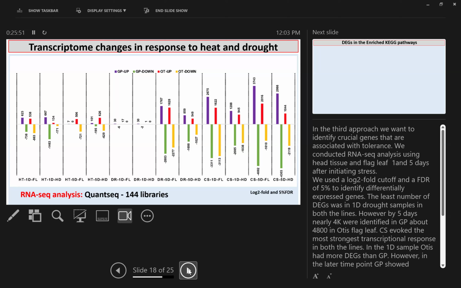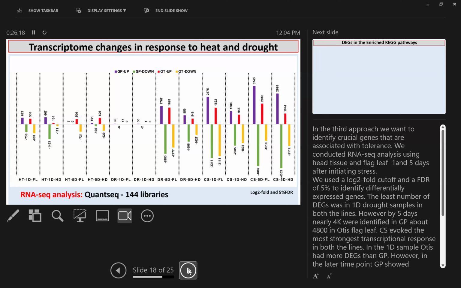But when we screened through this list, what we found was that there was nothing unique in Otis that was not in Golden Promise. So it was the same set of genes that were up or down regulated. And even more surprising was the fact that the amount of induction was much higher in the sensitive plant than in the tolerant Otis plant. Okay, this was like, wow, this is not what we had expected.